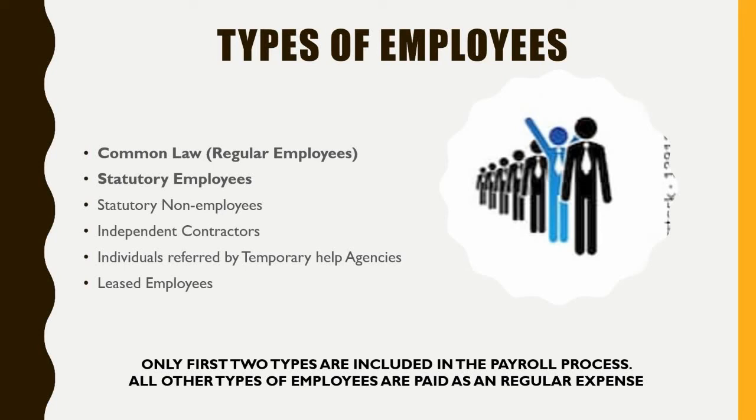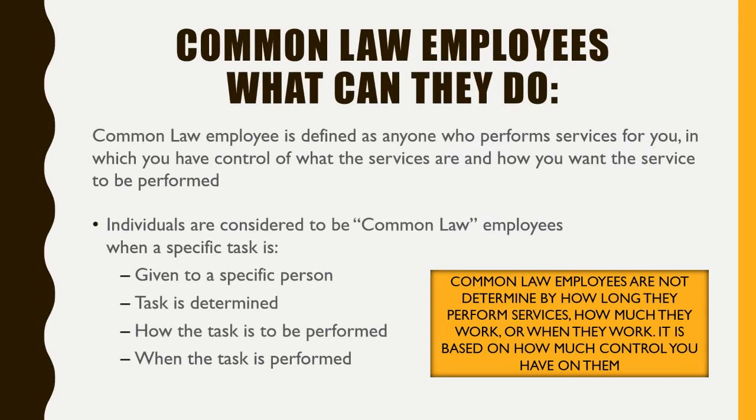All right. So these 2 types of employees are going to be the only 2 that exist on your payroll, and then the last 4 are going to be mere expenses to your company. So let's talk about those different types of employees. The first one is your common law employees, your regular workers. How do you determine that they are your common law workers?